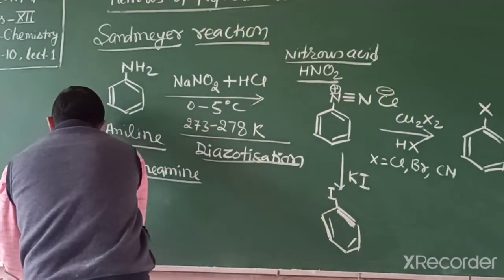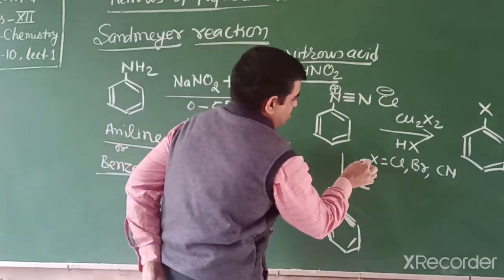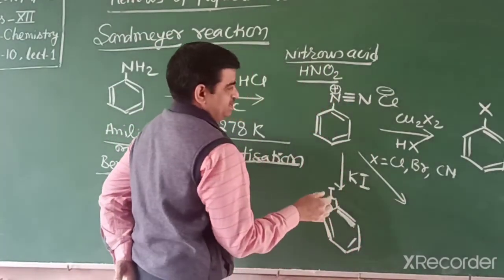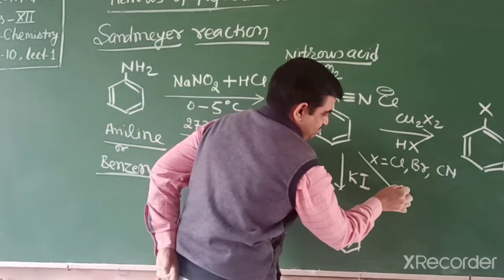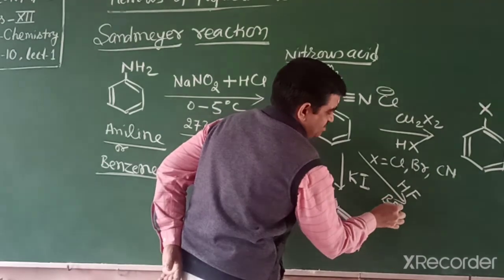Another compound, fluorobenzene. Students, how can you convert to fluorobenzene? For preparation of fluorobenzene, we need HF and boron trifluoride.